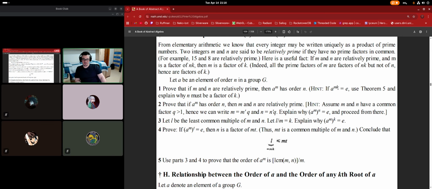No, this is huge, because there is a strong relationship between m, k, and n now. Again, this is a multiple of n. You know that for sure. And this is what Tevo said, right? You're definitely going to exploit the fact that the least common multiple between m and n, if they are relatively prime, is mn.